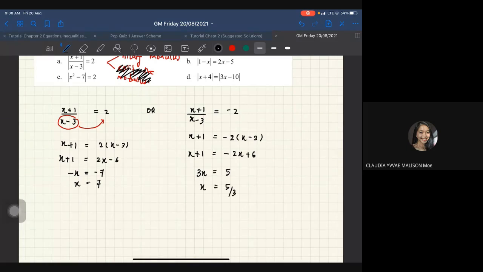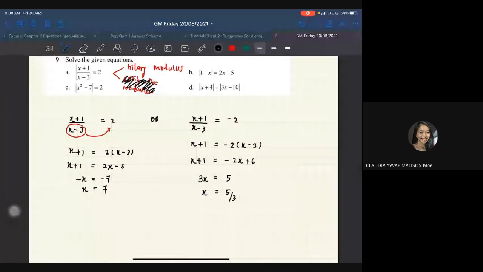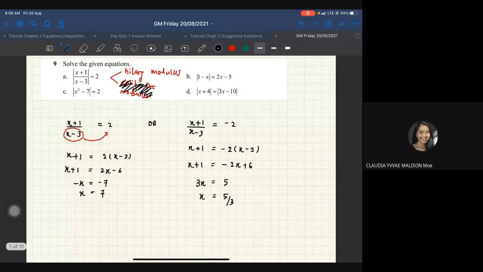Okay, so soalan saya, do we need to recheck for this kind of equation for absolute values? Perlu tak untuk kita? Tidak. Okay, tak perlu. So untuk equation of absolute values, yang awak perlu recheck hanyalah untuk case yang B ini sahaja.